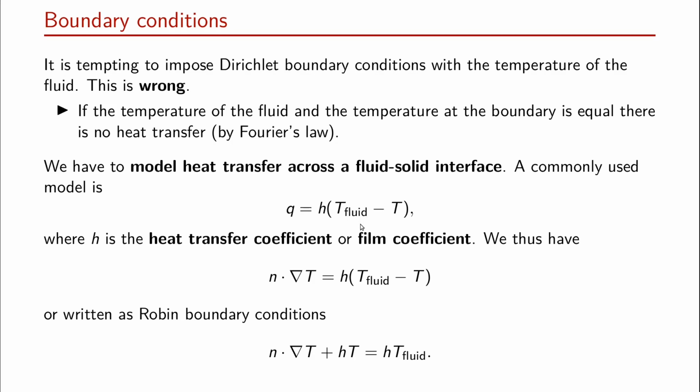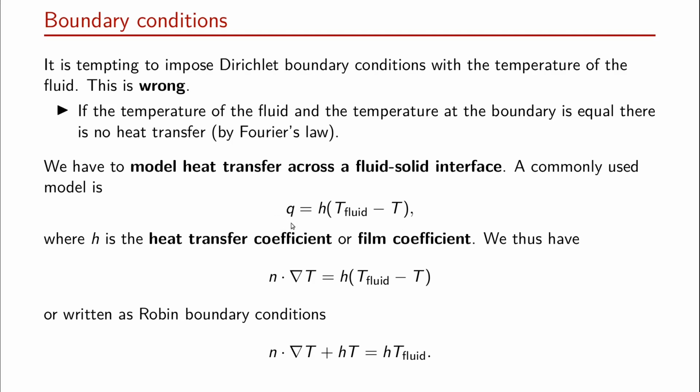So essentially, if you have a solid-fluid interface, then across that interface there is a heat flux proportional to the difference in temperature. You can look at this as a generalization of Fourier's law in situations where you are not in a homogeneous medium, but where you have a material interface.